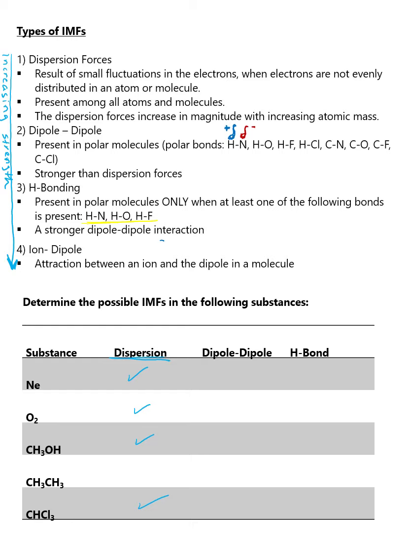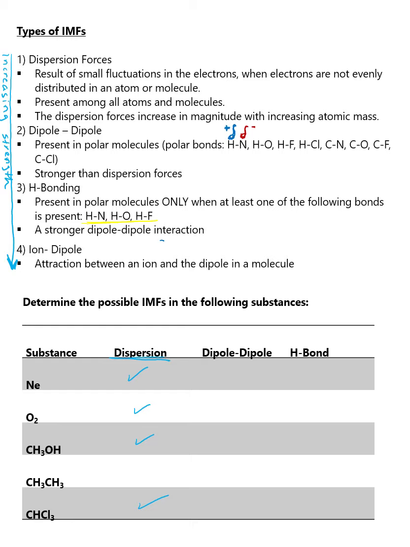We move to the second one here, where you have oxygen, the element oxygen, your diatomic molecule. Again, if you check your list, oxygen here is a bond between two oxygen atoms. Two oxygen atoms are the same type of atom, so you have the same electronegativity value for both of them.